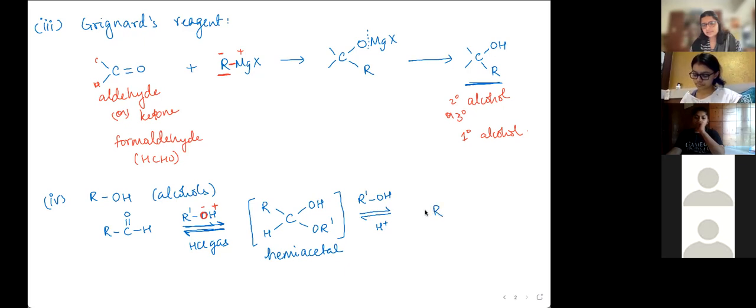I will get this: R will remain as it is. CH, so this part is unchanged. Here one OR dash is attached. This OH also gets substituted. This becomes OR dash again, plus H2O. Okay. So this particular compound is called an acetal.